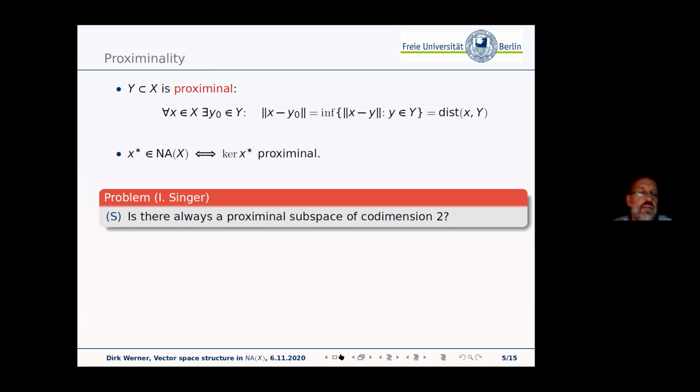In the 70s, Ivan Singer published a small booklet on abstract approximation theory, and there he asked whether it is always true that there is a proximal subspace of codimension 2. The line above tells you that there's always a subspace of codimension 1, namely the kernel of a norm-attaining functional.